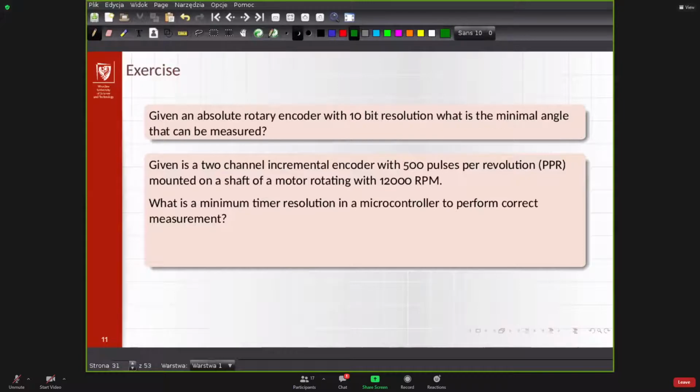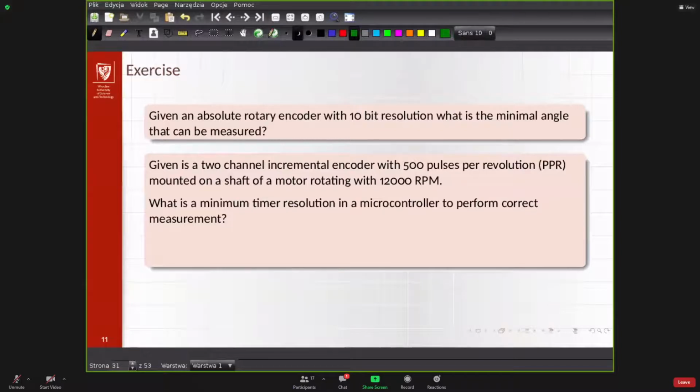Yeah, okay, that's exactly the answer. Just to say how to take these values. So you need to know how many impulses per second you have.